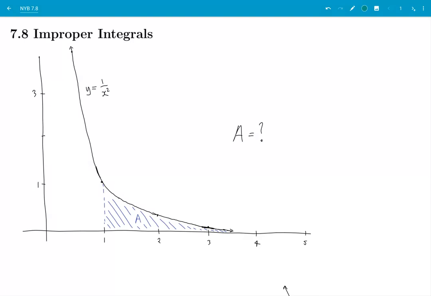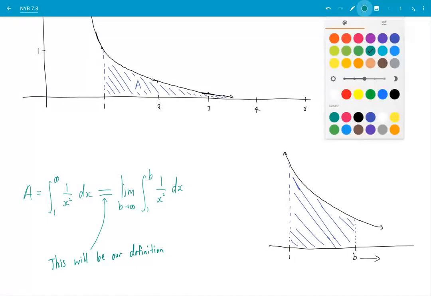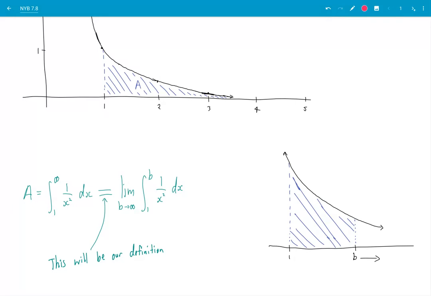Okay, so we'll do an integral from 1 to infinity of this thing, and we will proceed in a specific manner. So here's our integral. You can pause and copy all this right now. We are taking this area that seems to be in some sense infinitely long, and we're going to replace it with a finite interval, 1 to b.